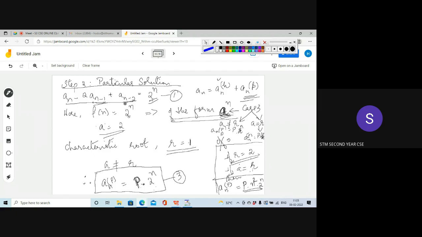And here an minus 2, I'm going to substitute it as p into 2 raised to n minus 2. And I'm going to find out the value of p. So in the given equation, on the RHS side, we have to substitute for an minus 1 and an minus 2. And you know an is p into 2 raised to n, an minus 1 is p into 2 raised to n minus 1, an minus 2 is p into 2 raised to n minus 2. So let us substitute.